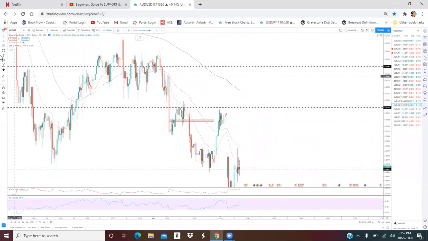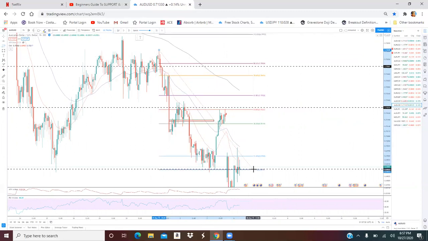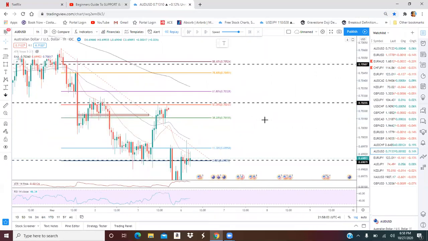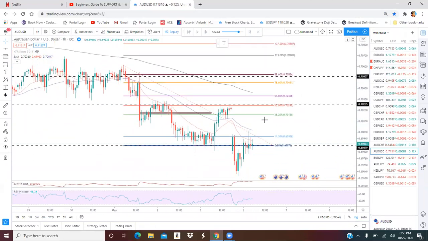And at this point, if you want to, look what we have. We have the Fibonacci. Do I keep making this smaller? Apparently I do. If we go ahead and put that Fibonacci, we see that we're at the 50% again.